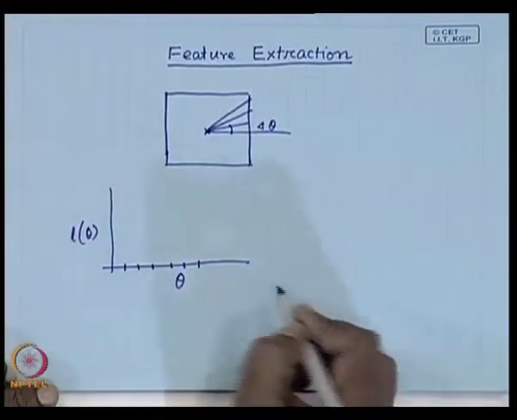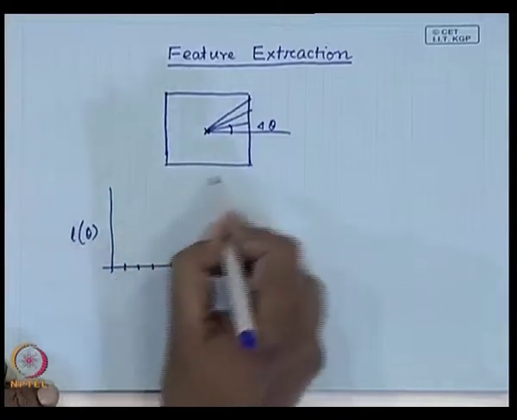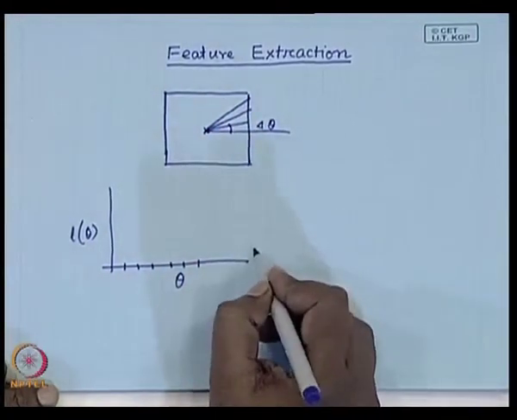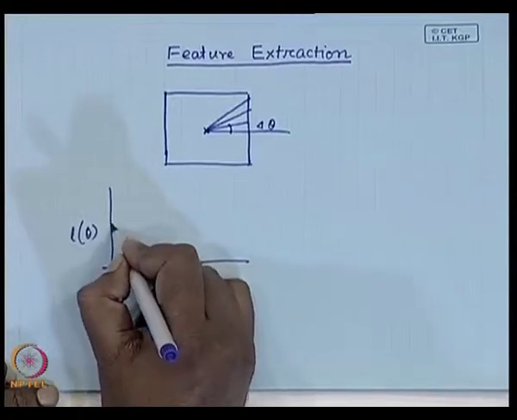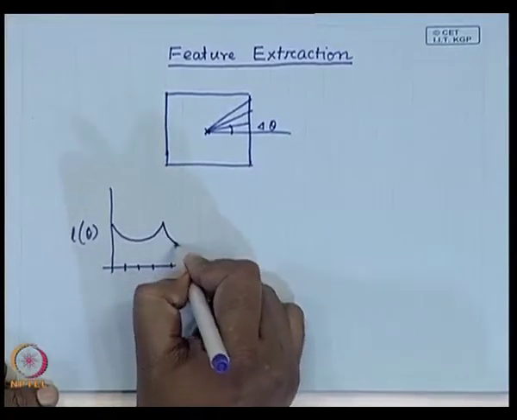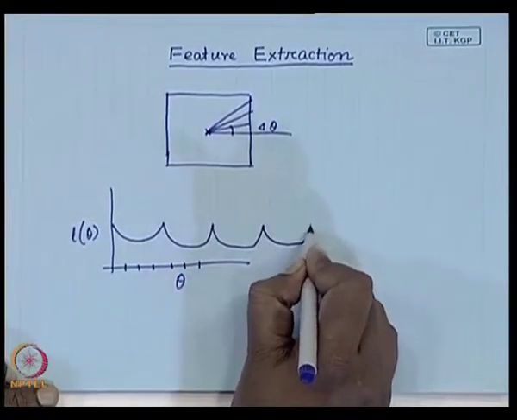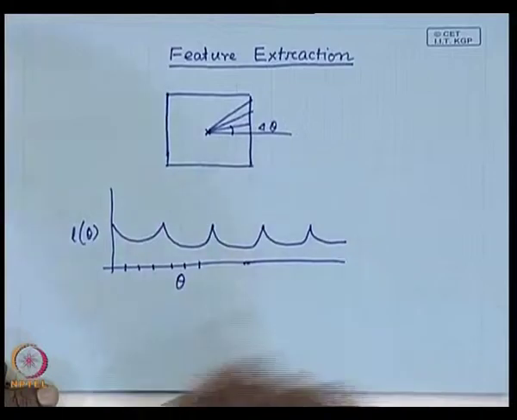delta theta I will get some distance value, and if I have a square or a rectangular shape like this, then this distance with respect to theta will vary in this form. So, it is like this.